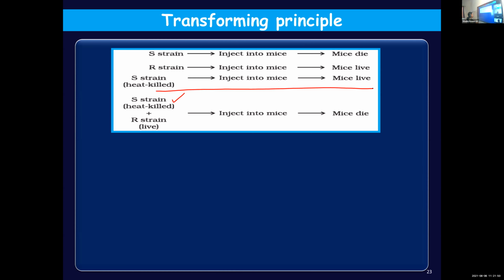Mice survived. And separately, R strain cannot damage mice. But when this combination was given, the mice died. Now let's see what is the reason. What could be the reason for this observation? Why, when these two were combined, did the mice die?